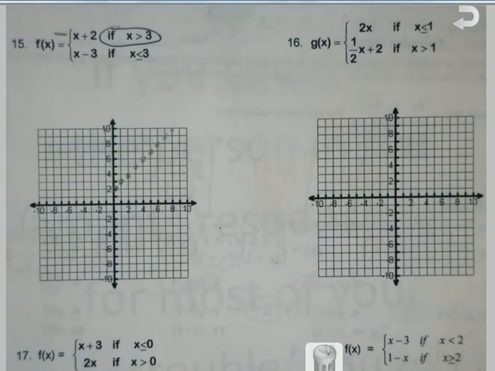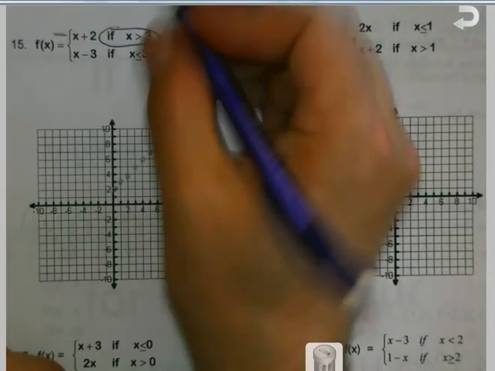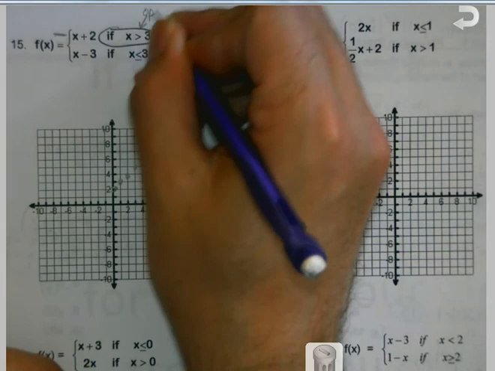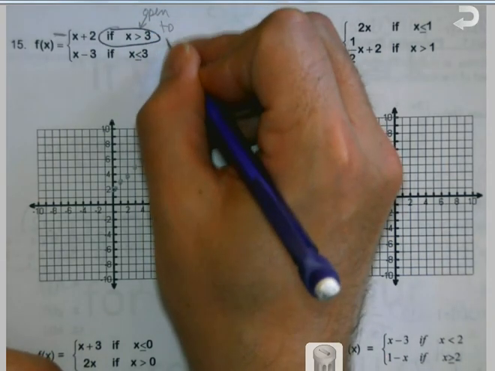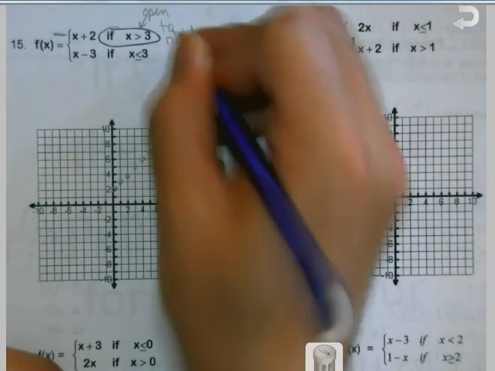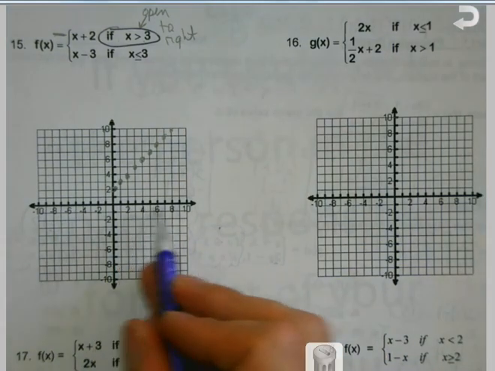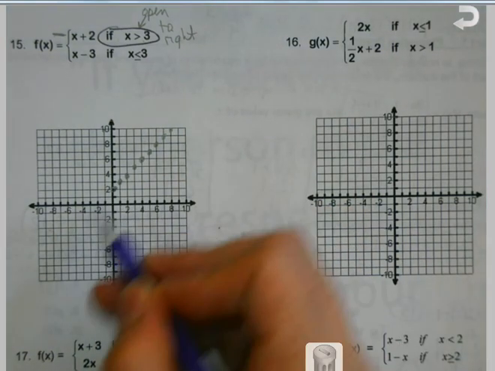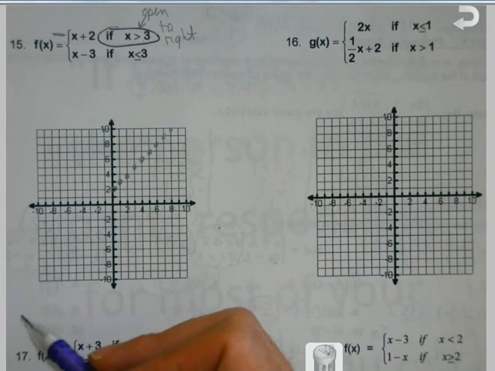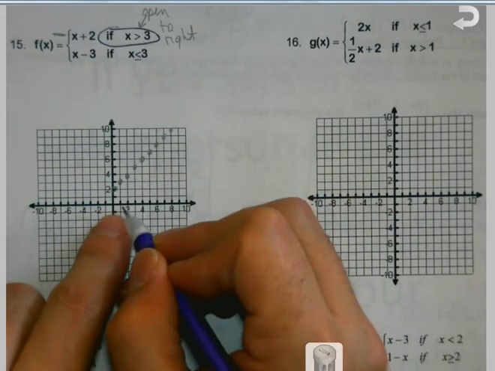If x is greater than 3, open circle to the right, because greater than means my values are getting bigger. If my values are getting bigger, that's what happens to the right. So do I even have to make all these dots over here? No.